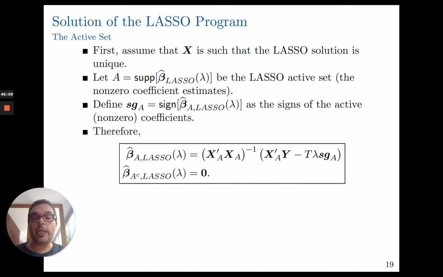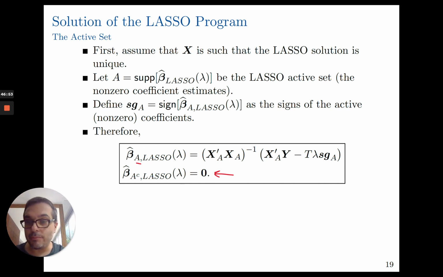So we can write the beta hat lasso for the coefficients that are not in the active set will be 0. That's what we have here. And the solutions for the active set will be given by (XA prime XA) inverse, where XA is the set of active variables, the set of variables where the estimated beta is different from 0, times (XA prime Y minus T lambda SGA).